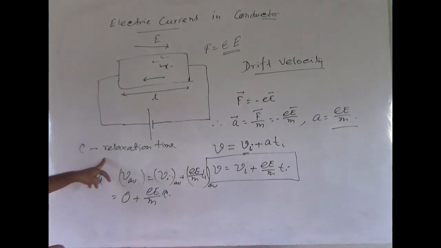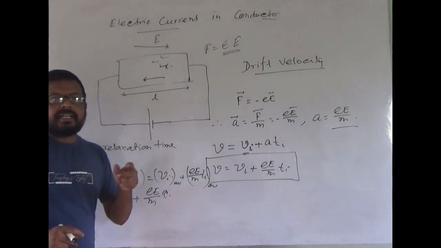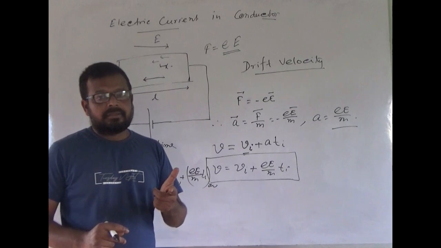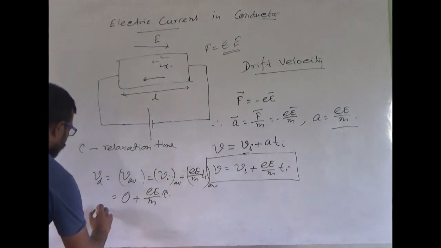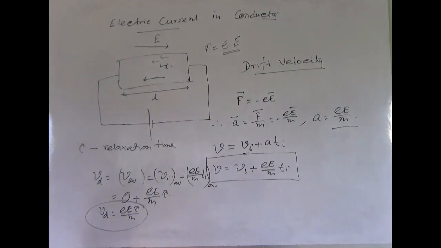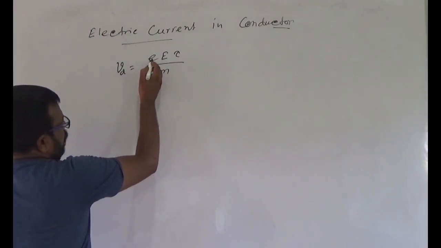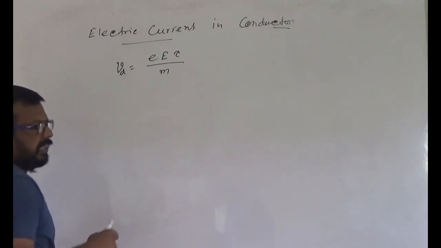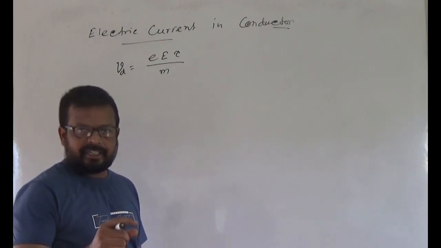So we put this as 0, and Ti average is tau. We already discussed that Ti average, the average time between two successive collisions, is the relaxation time, written as tau. So Vd equals eE tau by m, which is the drift velocity of the electron. You have to put a minus sign here because the charge of an electron is negative, so the direction of drift velocity is opposite to the applied electric field.